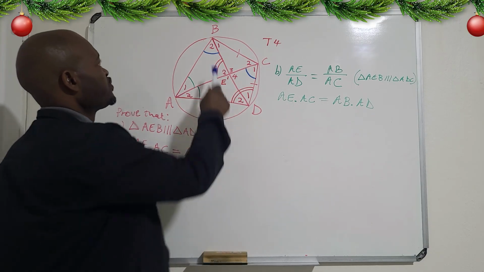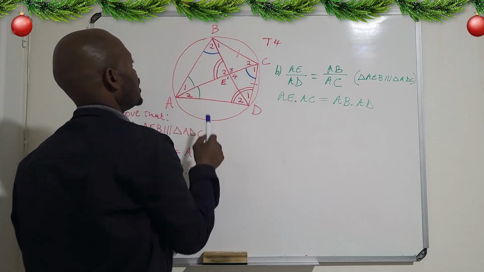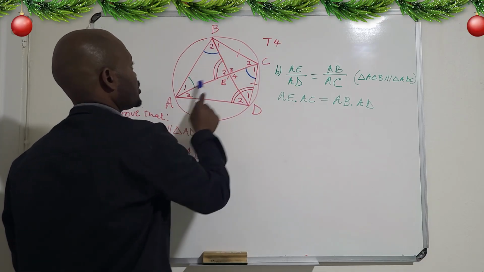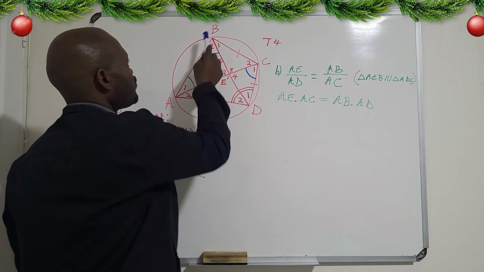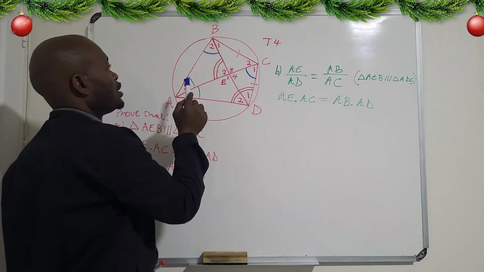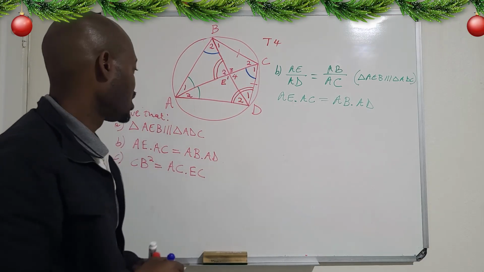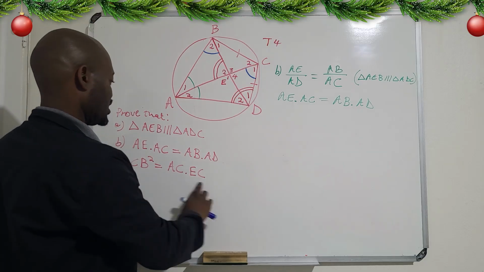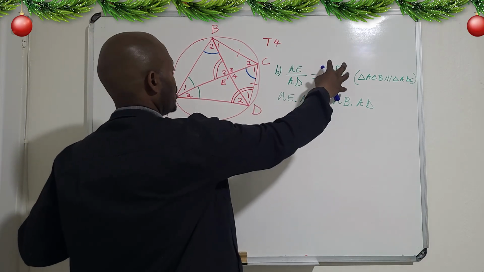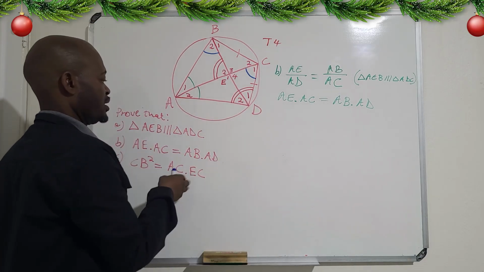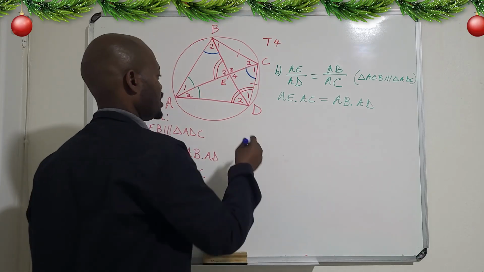So let's first prove that this triangle is similar to this triangle. Once you have proved that, then we are going to set up our ratio, then prove that. Let's prove it.